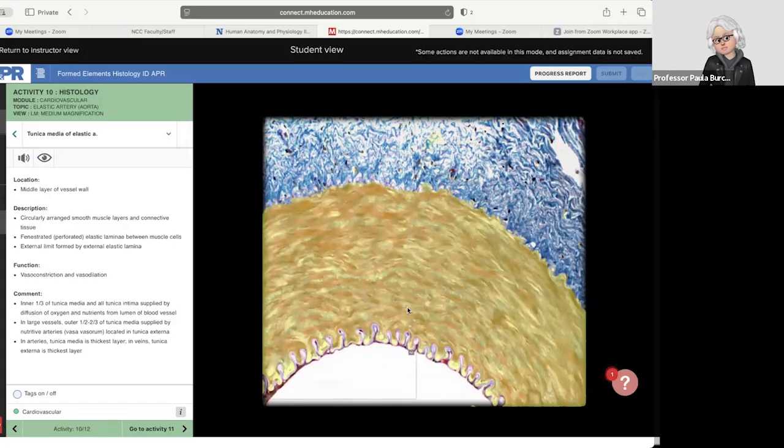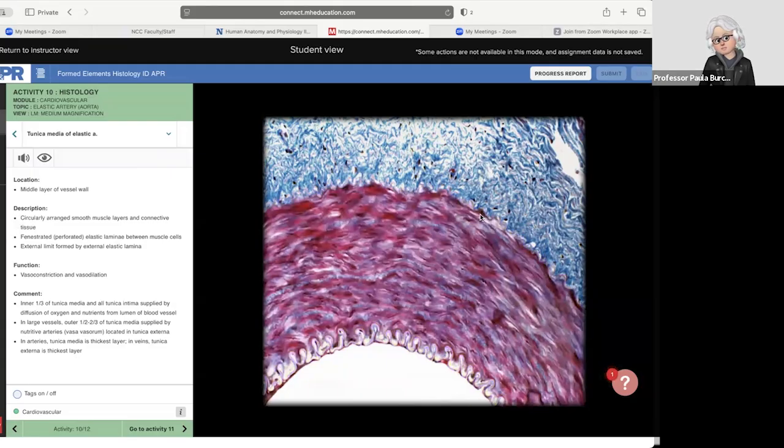The tunica media, as we're moving out, is going to be this highlighted area here. Let me remove the highlight so we can see it. If you recall from AP1 what smooth muscle looks like, this is smooth muscle. This tunica media consists primarily of smooth muscle, and it is responsible for vasoconstriction and vasodilation.